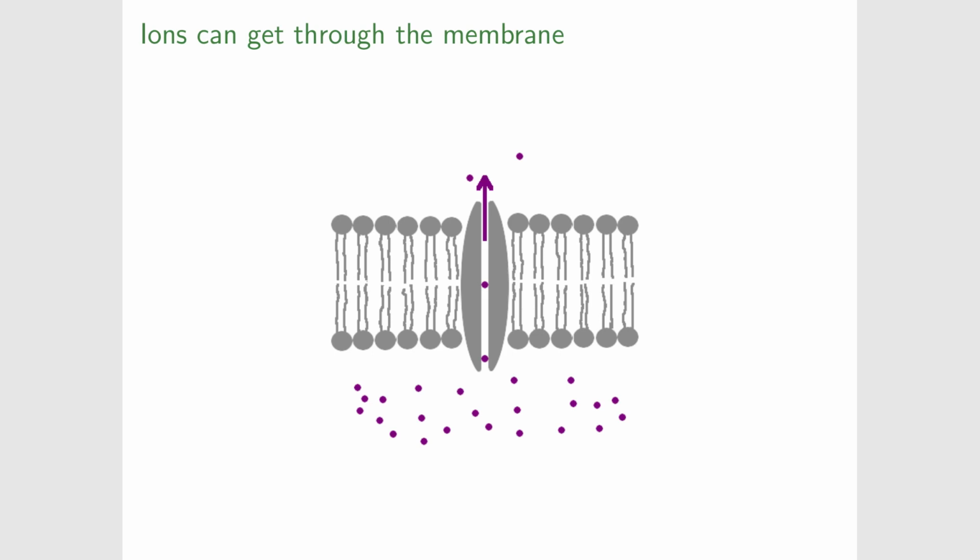These channels are, to a remarkable degree, at least most of them, ion selective. So a potassium channel will only allow potassium ions in it by a factor of 1 to 10,000 and won't allow sodium ions to travel through.